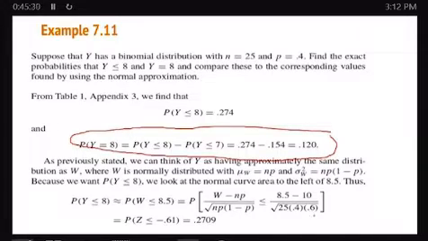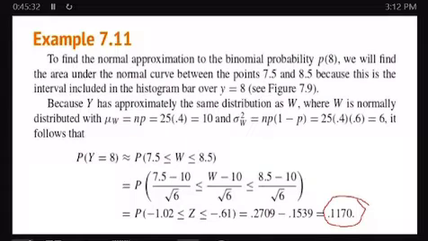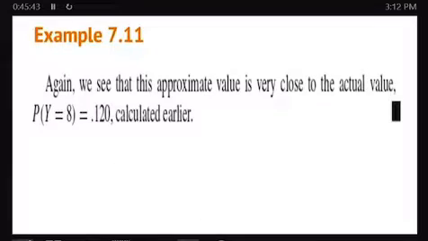But using the normal approximation we got 0.117. They are very close. The approximation is nice. Again, we see that this approximate value is very close to the actual value. If I can use normal to approximate that, then why do I need to worry about using binomial, which is complicated when the sample size is large?